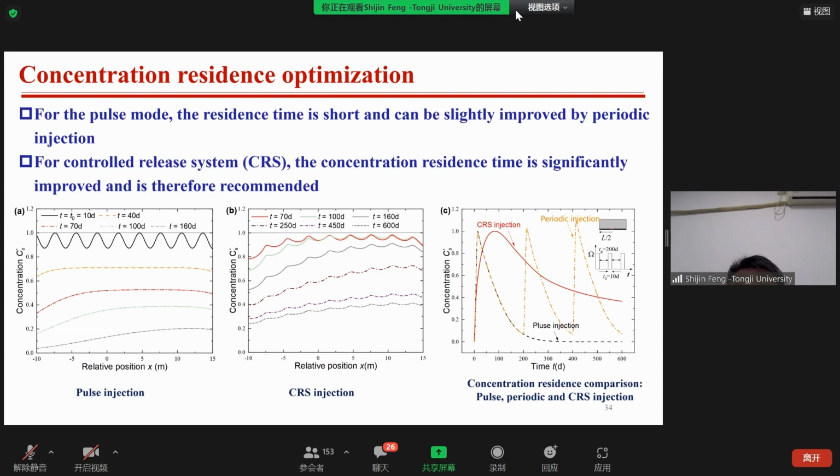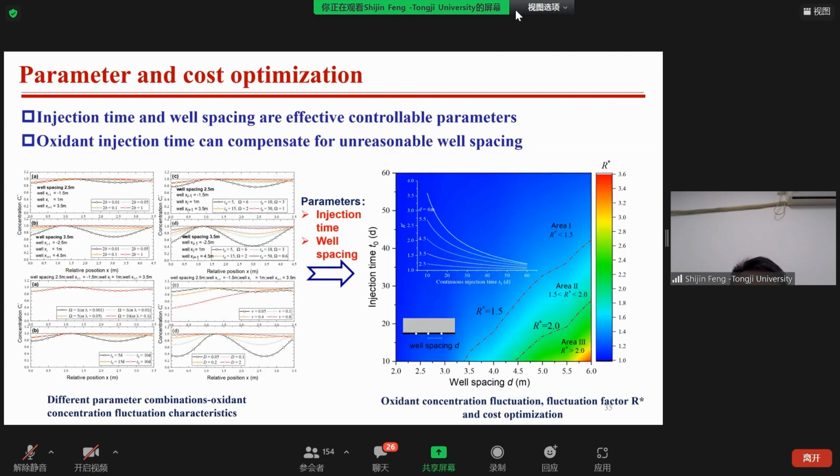One is the spatial distribution of the oxidant concentration, and the other is the effective residence time of the concentration. This model analysis reveals that injection time and well spacing are effective controllable parameters. The right figure shows the fluctuation characteristics of concentration in fractures with different well spacing and injection time combinations.